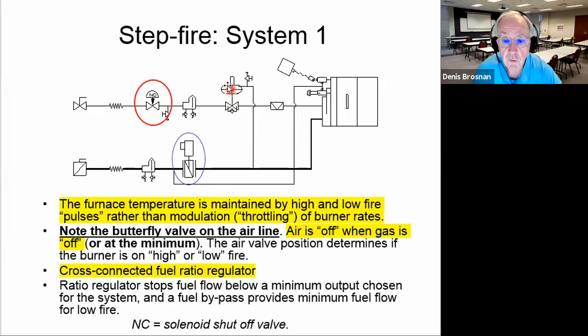But the gas flow from the ratio regulator is being controlled by this curtain valve that is throttling the air up and down as may be called for, depending on the design of the step fire system. So there's the control valve.